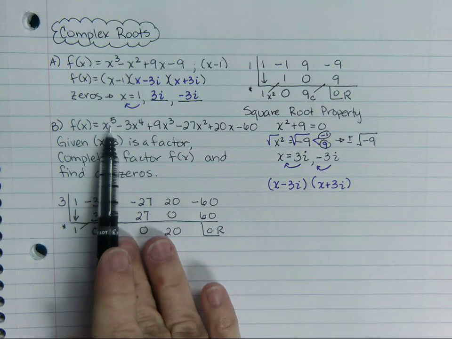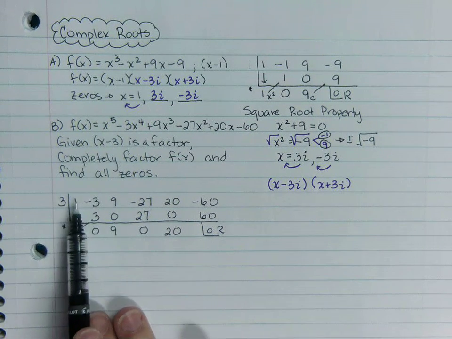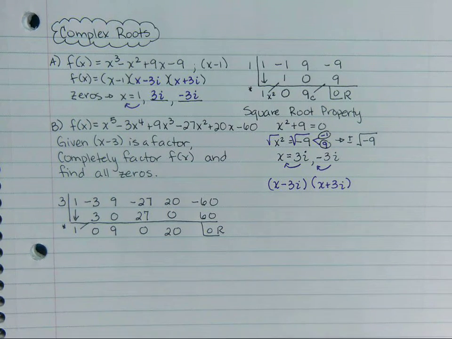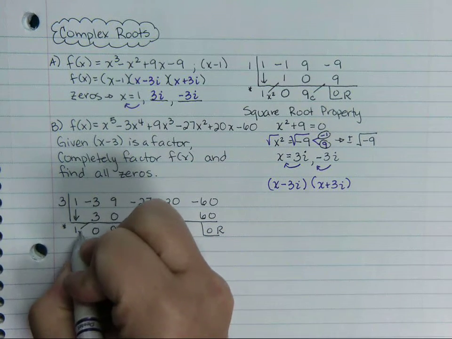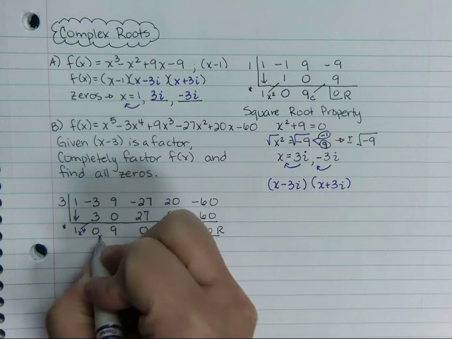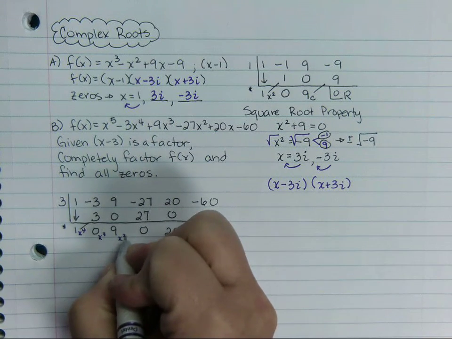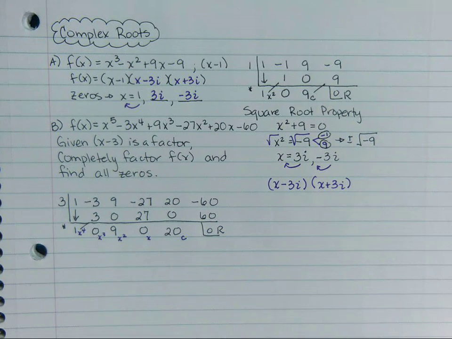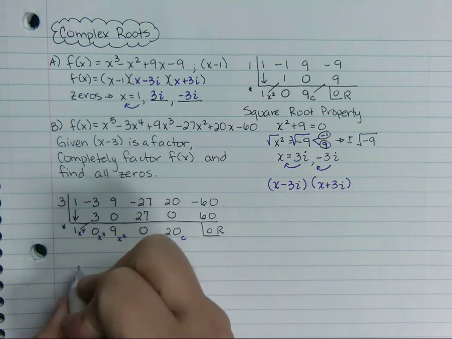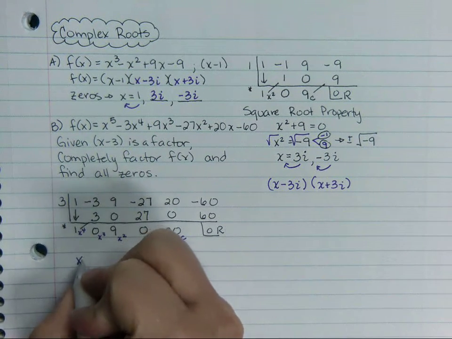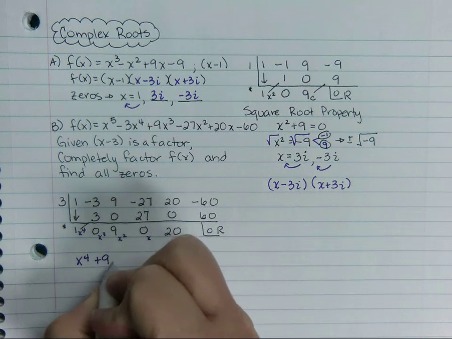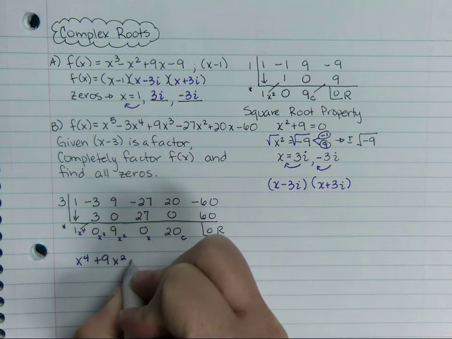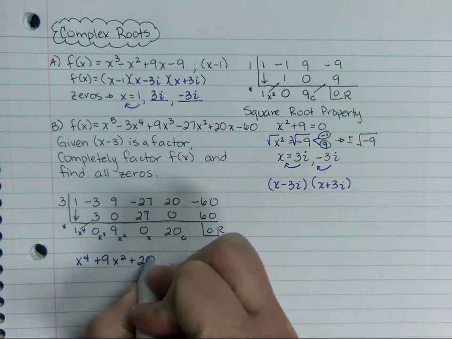So a fifth degree, I'm going to start with one power less, which means this is an x to the fourth, x cubed, x squared, x, and a constant. So what I'm left with is a polynomial x to the fourth plus 9x squared plus 20.